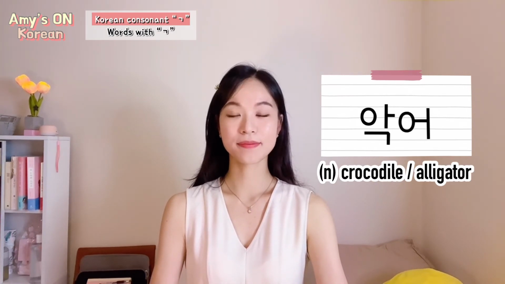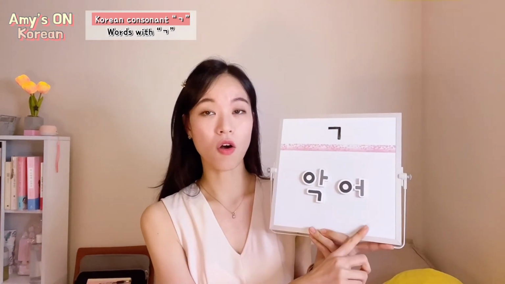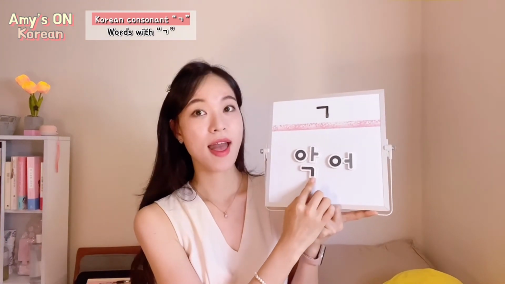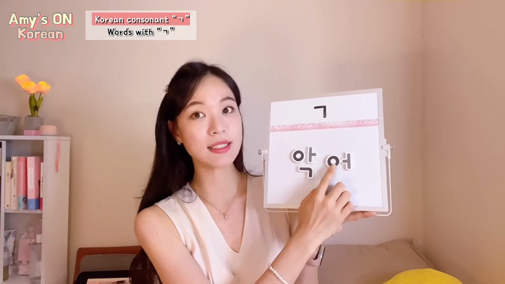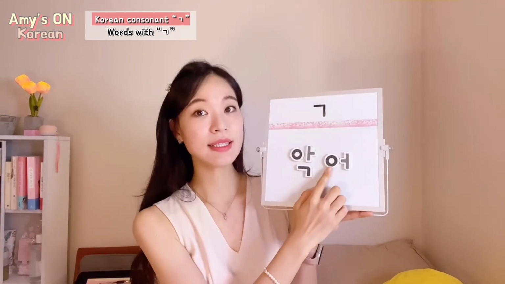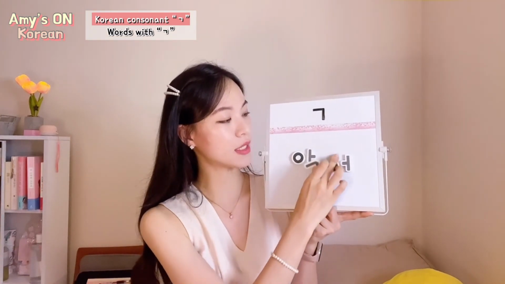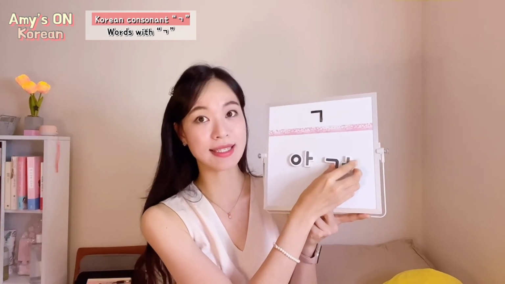악어. Pause here, please. Look at this word. 악어. There is a final consonant 기역 over here, and the initial consonant 이응 comes right after the final consonant. As 이응 doesn't have any sound, the sound of the final consonant 기역 moves up to 이응's place when you say this.